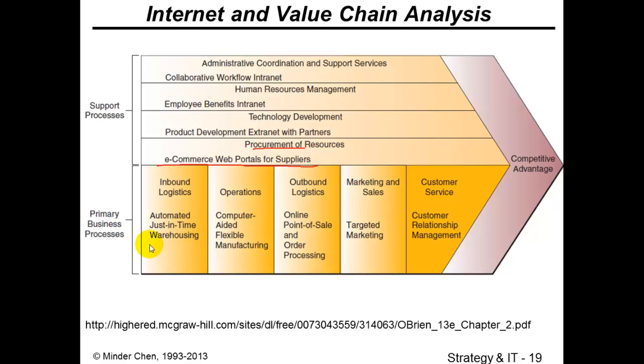For inbound logistics, we can implement just-in-time warehouses and automate some of the process. In terms of operation or manufacturing, we can consider computer-aided manufacturing systems, build flexible manufacturing systems, etc. Customer service certainly can be supported by customer relationship management software, called CRM software. So this diagram just shows where technology may be used to support various activities inside the firm's value chain.